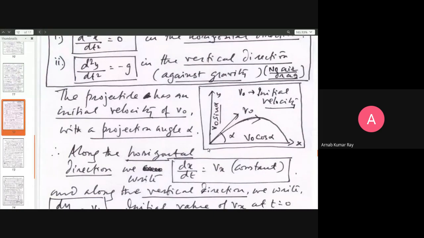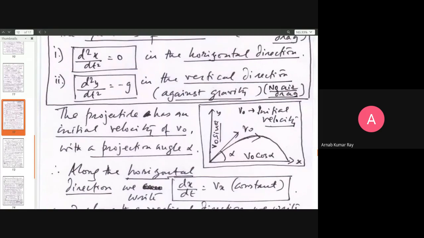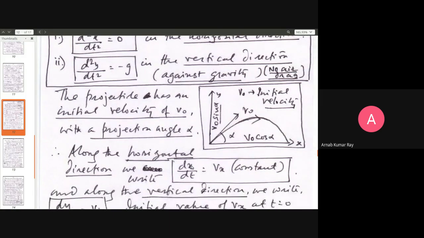Initial velocity of projection is at an inclination angle of alpha with respect to the horizontal direction, and the initial projection velocity is v naught. Therefore, the horizontal component of the initial velocity will be v naught cos alpha, and the vertical component will be v naught sin alpha. Now, with these two equations, d2x/dt squared equal to 0 and d2y/dt squared equal to minus g, the first conclusion is that dx/dt, the horizontal velocity, is a constant.